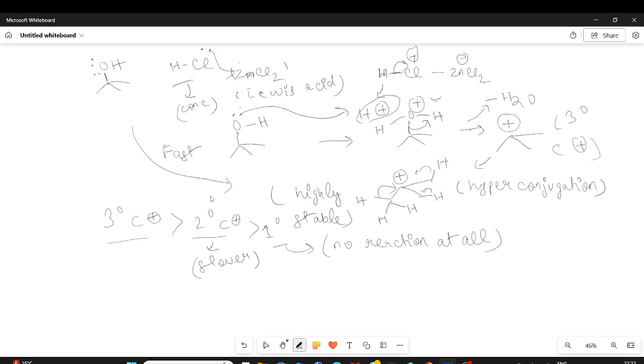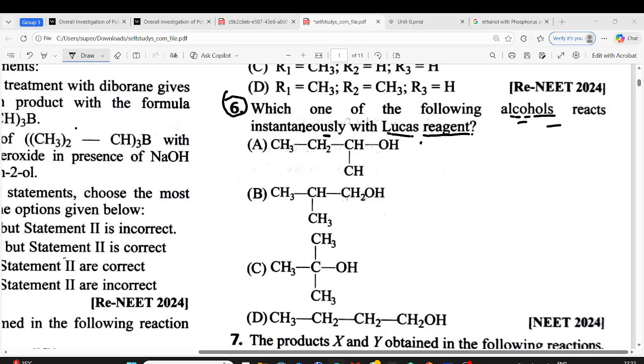Okay. So that means the fastest reaction will be the one having the tertiary alcohol group. In our case, the question is which of the following reacts instantaneously with Lucas reagent. In our case, this one will be the correct answer. Because you see, this won't react.